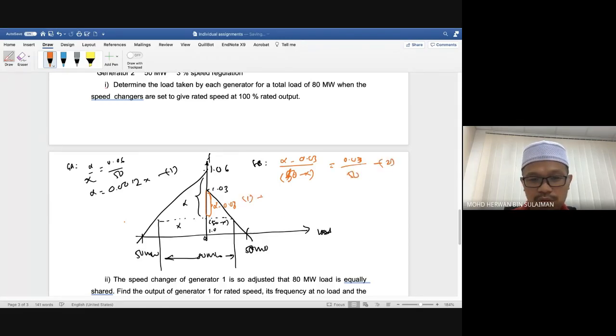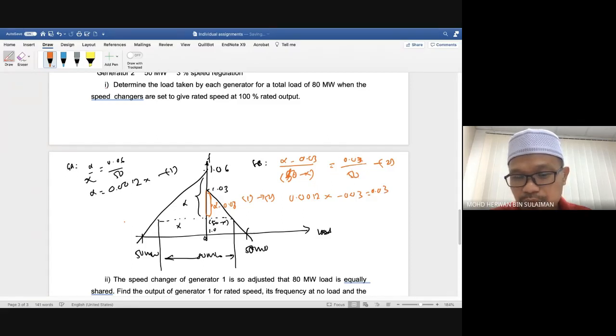So equation 1 go to equation 2. So you dapat 0.0012 x minus 0.03 divided by 0.03, because you times 50, right?